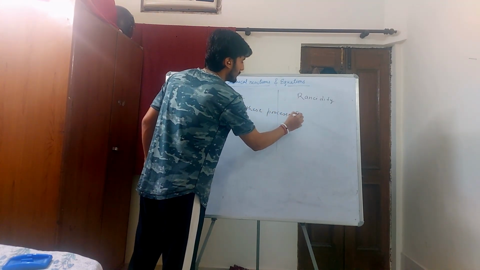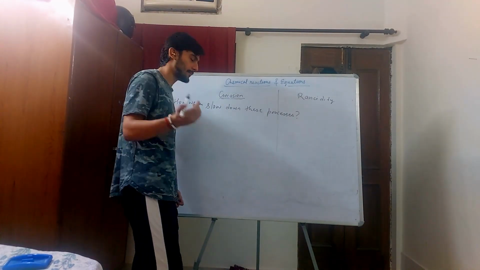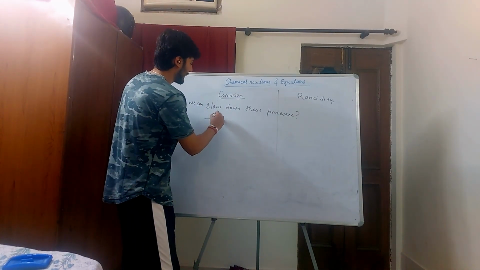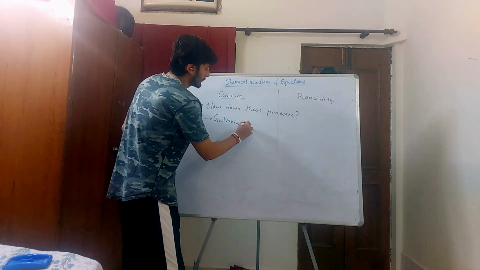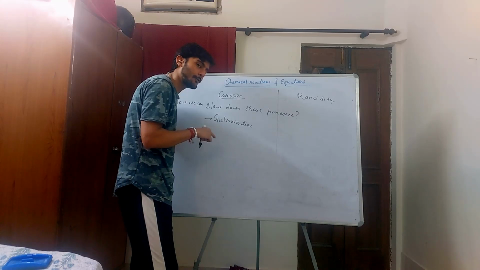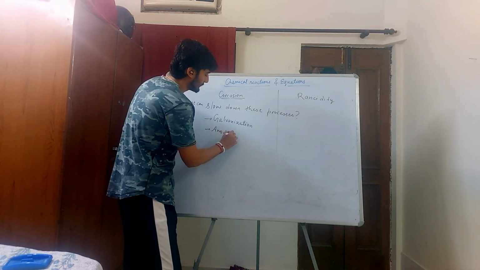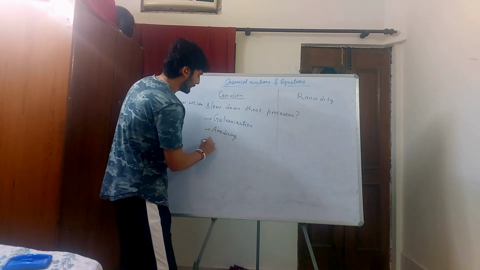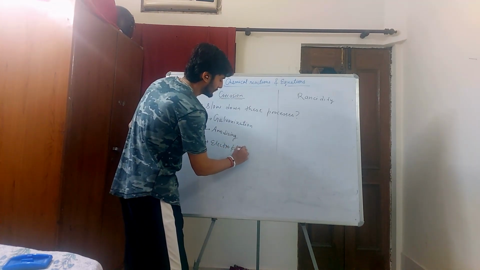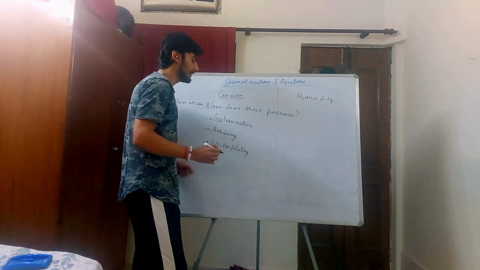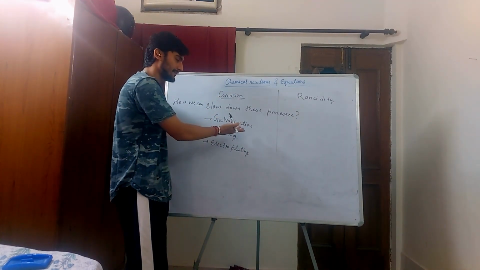So for corrosion, there are a lot of methods which will come in later chapters. Few of them I can tell you right now, like galvanization. I won't be explaining it right now, don't worry. Then anodizing. Then we have one more, electroplating. So no need to go in detail right now, just know how corrosion can be slowed down by using galvanization.